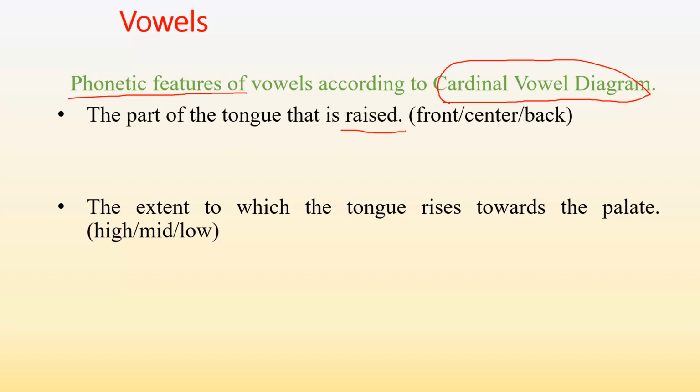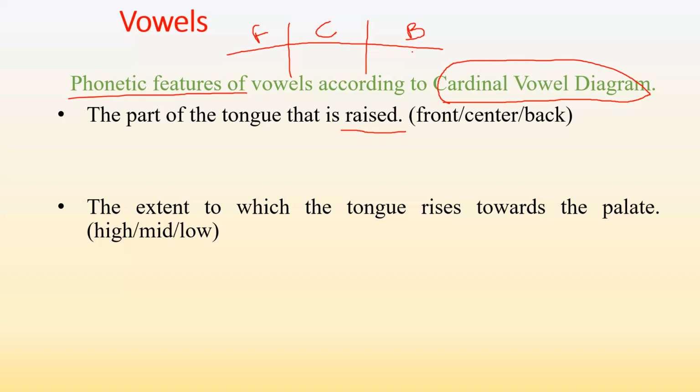So there are 3 different parts of the tongue: the front part, central part, and the back part. When you have the tongue like this, this is the front part, central part, and the back part. So when we produce some vowels, sometimes we feel the front part of the tongue moving slightly, in some other situations the central part, and in relation to some other vowel sounds, the back part.